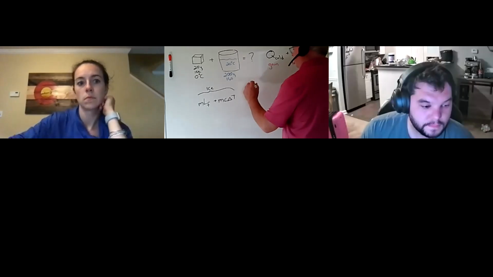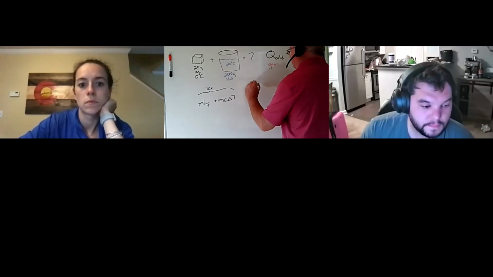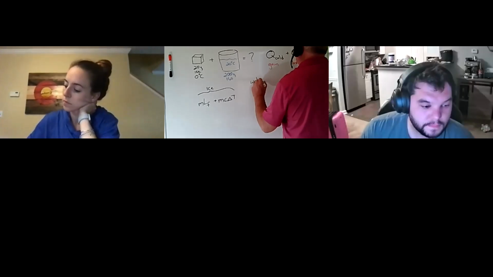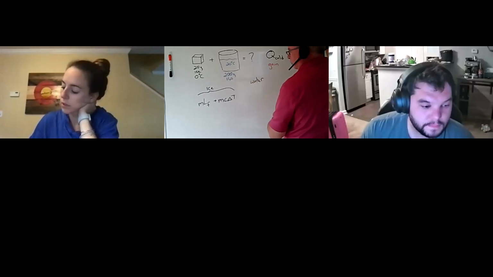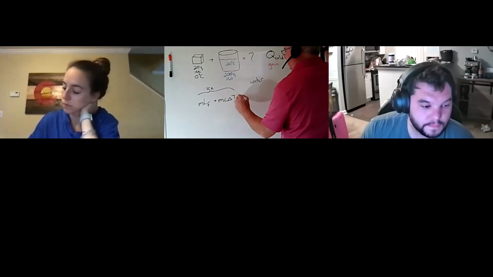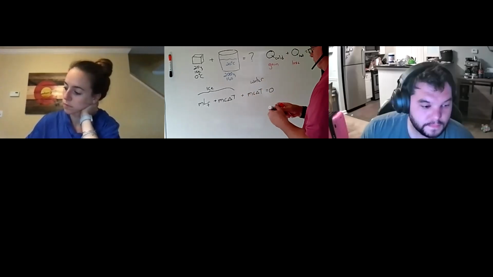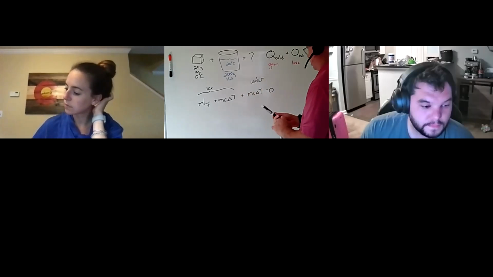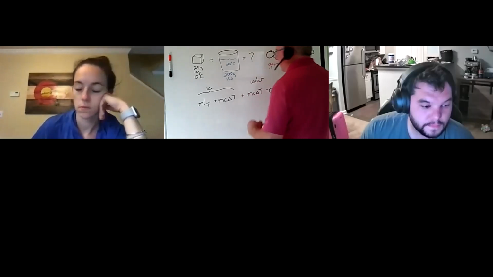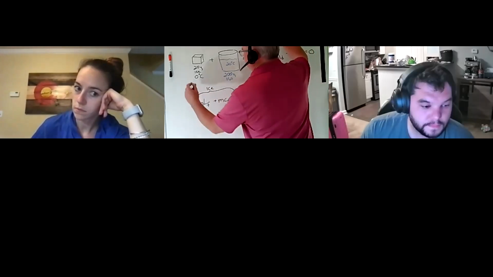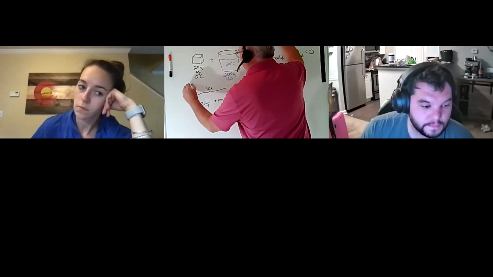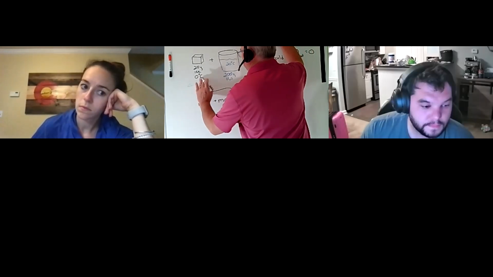For the water, well, that's going to have an MC delta T. And that's going to be equal to 0. So the delta T for the ice, after it finishes melting, ooh, I don't know how well the green shows up.